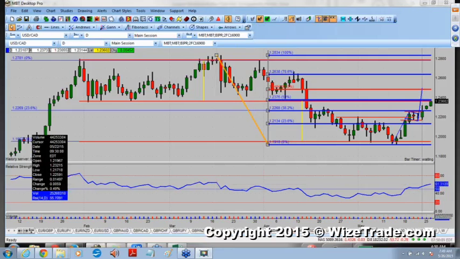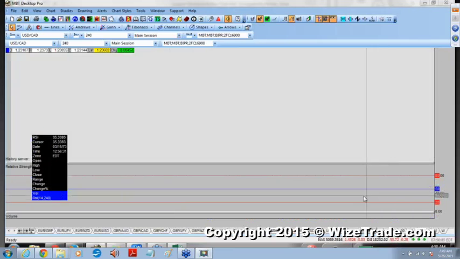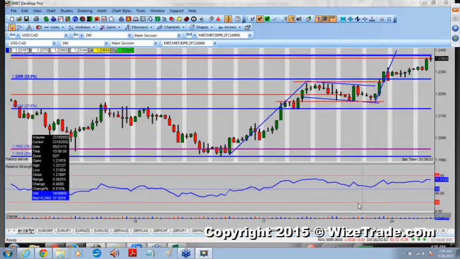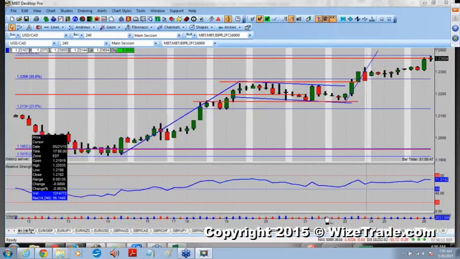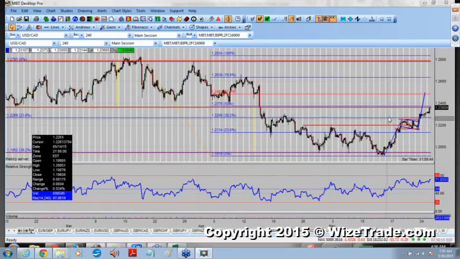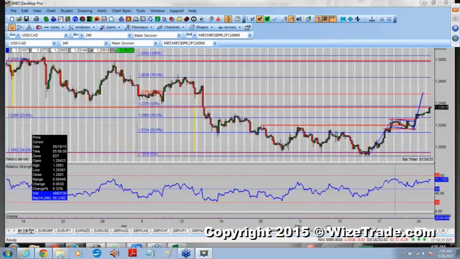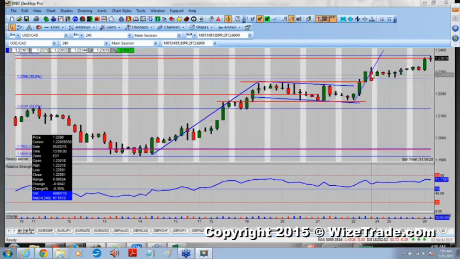Now support. What's that spike high over here? 123.04. The high over here was 123.20.